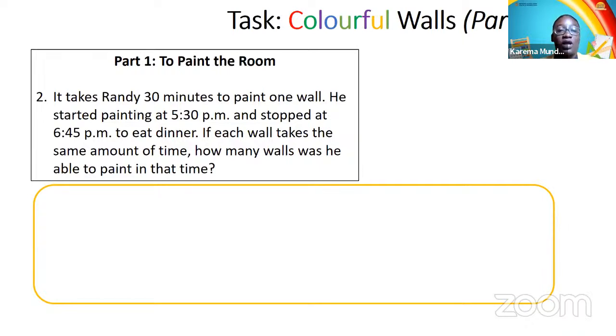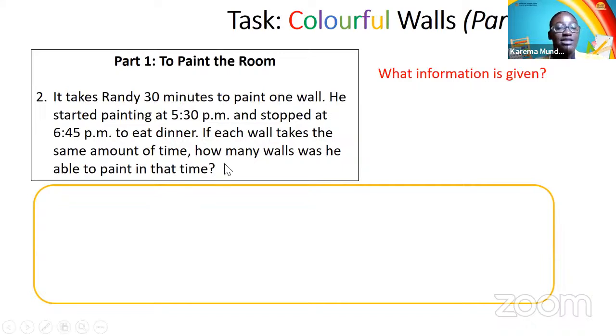If each wall takes the same amount of time, how many walls was he able to paint in that time? So we pause and we look back at the question and we try now to identify what information is given, as that's what we're going to be using to answer the question.